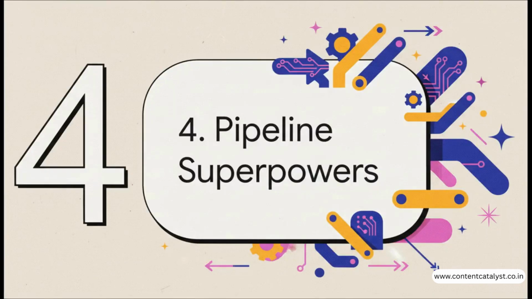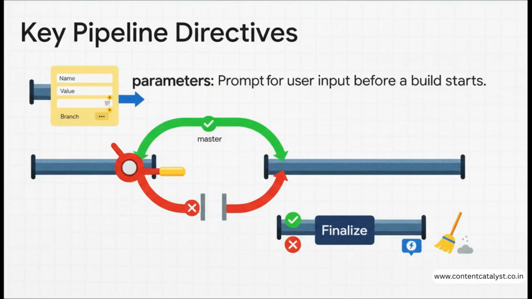Okay, once you've got that basic structure down, you can start to unlock some really cool stuff, some real intelligence and flexibility. Let's look at a few superpowers that can take your automation to a whole new level. These three are total game changers. Parameters lets you ask for info before a run starts, like, hey, which version should I deploy?